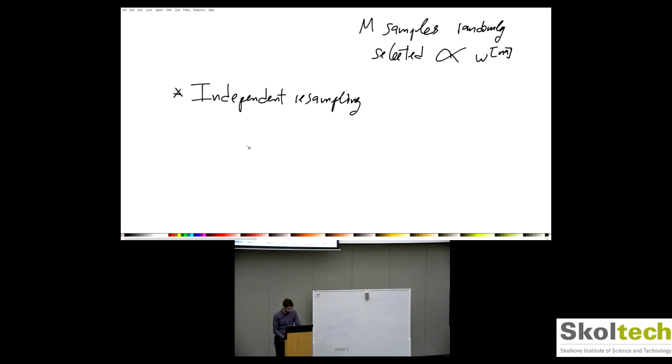What we need is to create a distribution on these events for selecting or not selecting a particle. For this, we create a cumulative distribution. It looks like this: the previous value plus the weight, so each of them adds something to the cumulative, and this is going to be normalized.